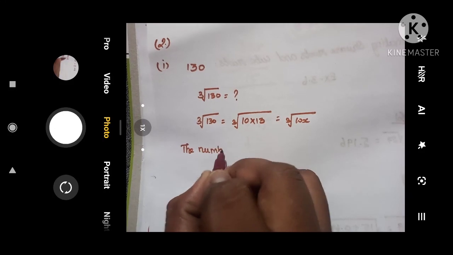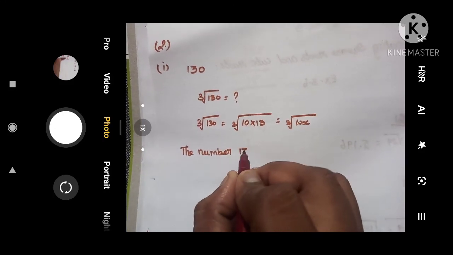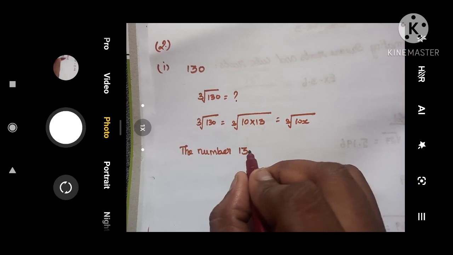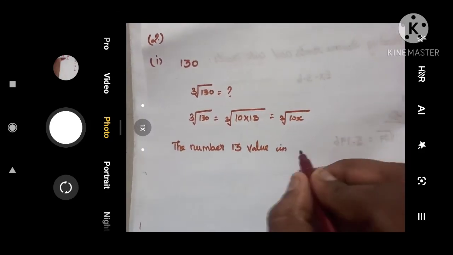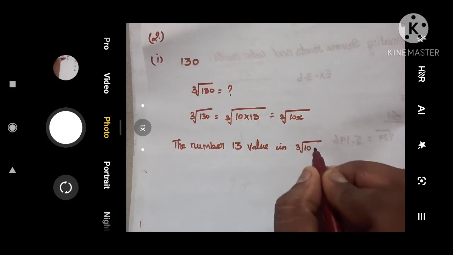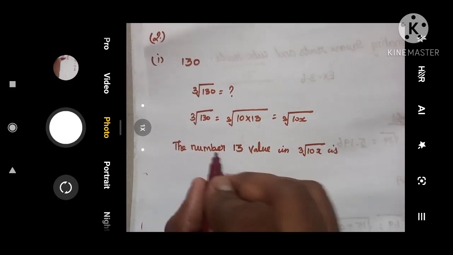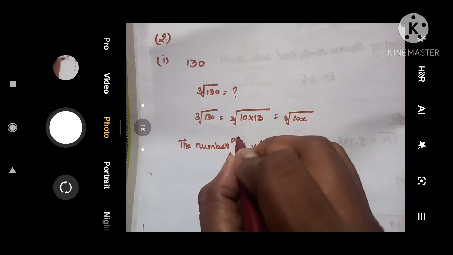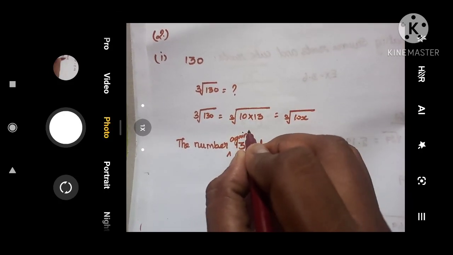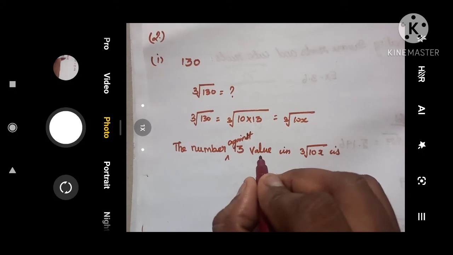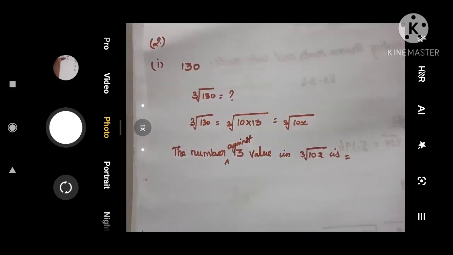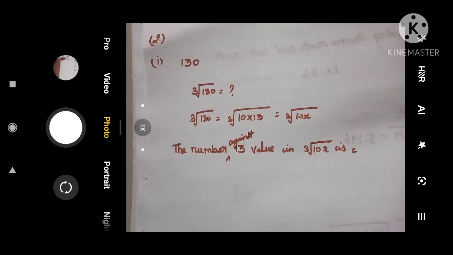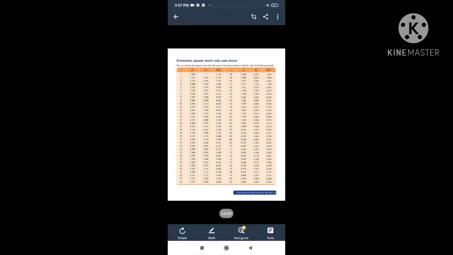The number against 13 value in cube root of 10x is equal to, so we need to observe the cube root of 10x in the value 13.